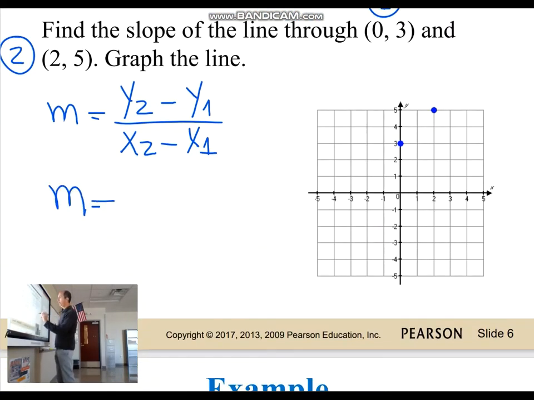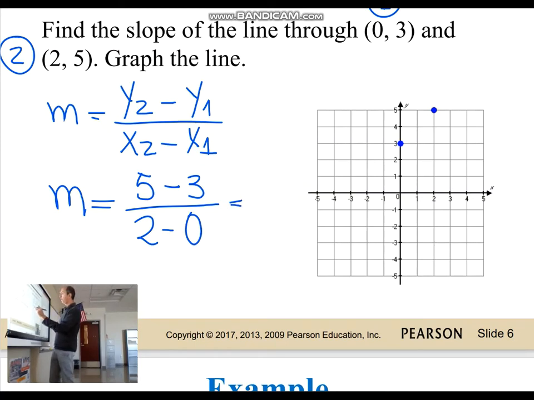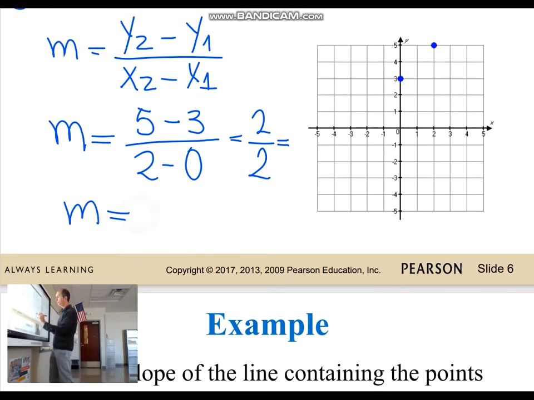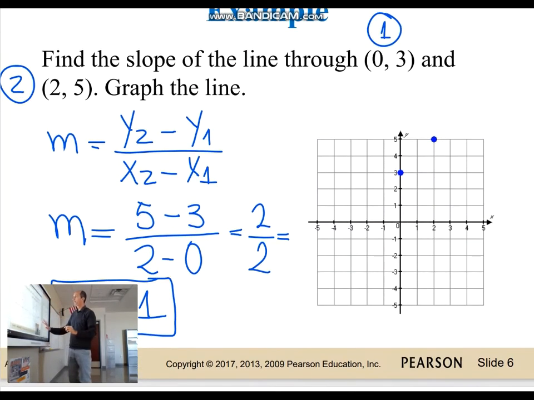And we will be able to calculate. y2 is here, 5, minus y1, which is 3, over x2, which is 2, minus x1, 0. 5 minus 3 is 2. 2 minus 0 is 2. The slope is equal to 2 over 2, which is 1. 1 is the slope we are looking for.